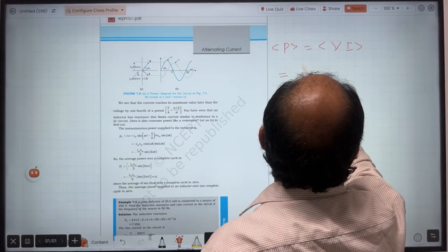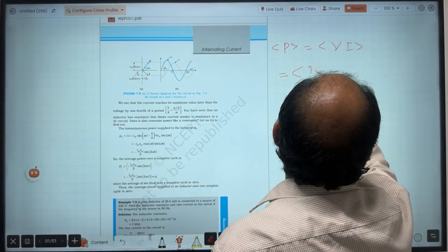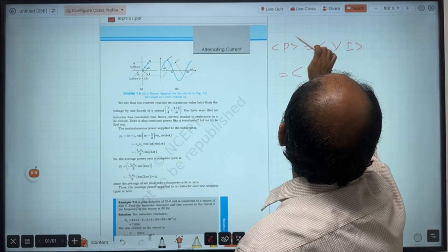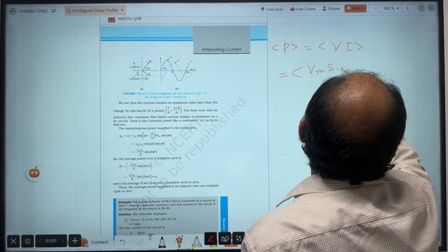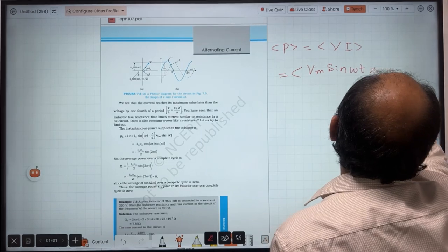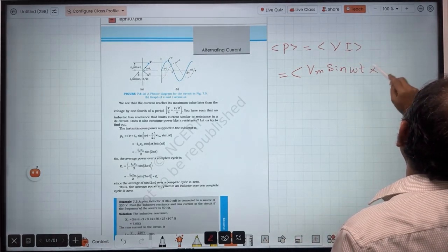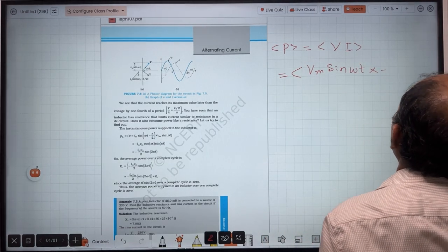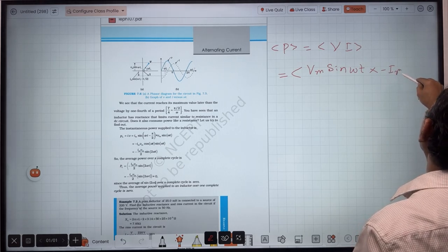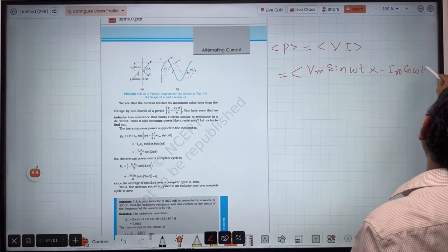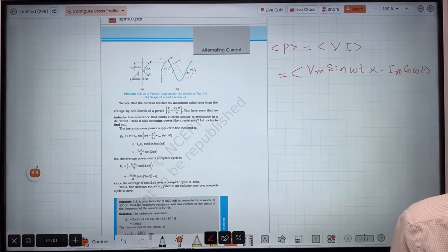So for an inductor, if you remember, V will become Vm sine omega t, and I is either you write with a minus sign Im cos omega t, and average, right?